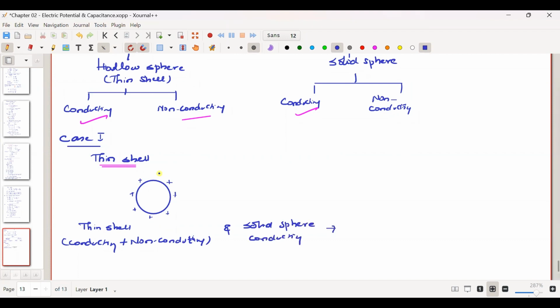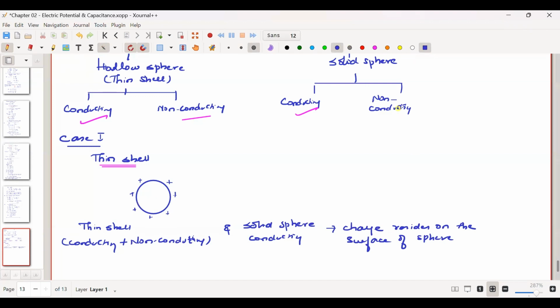In this case, the charge resides on the surface of the sphere. So you cannot give any charge inside. The charges will reside only on the surface.